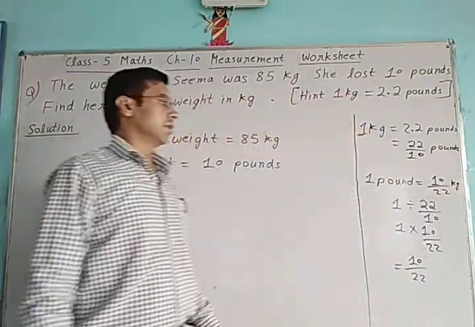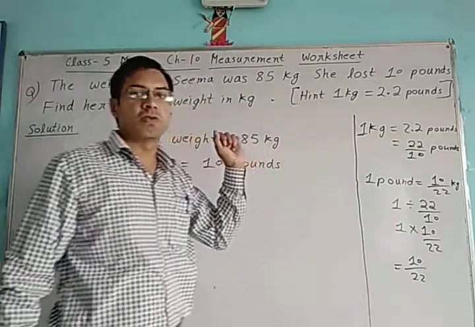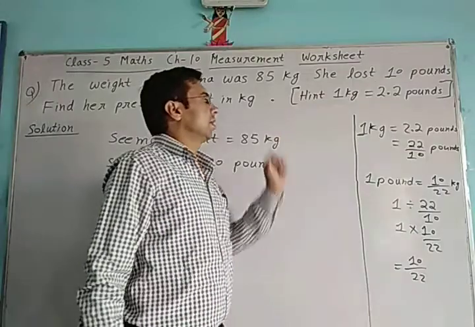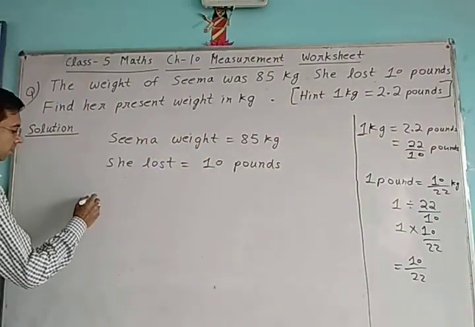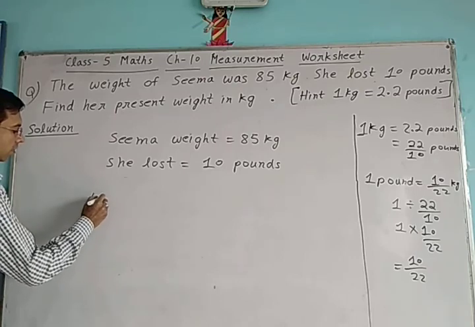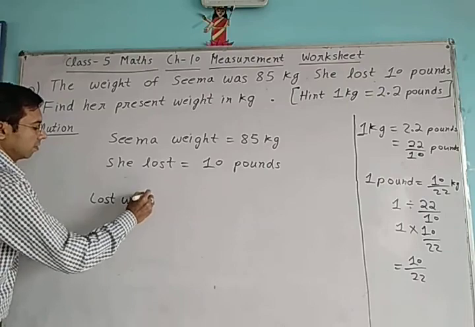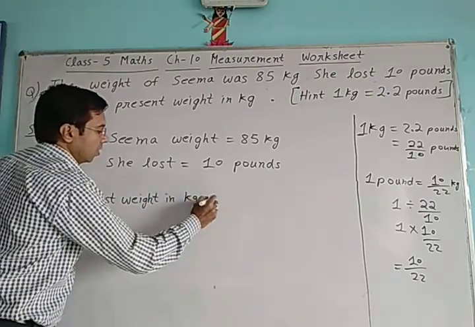kilogram. Now what we do? Here we have 10 pounds. So we multiply this 10 upon 22 by 10. Lost weight in kilogram.